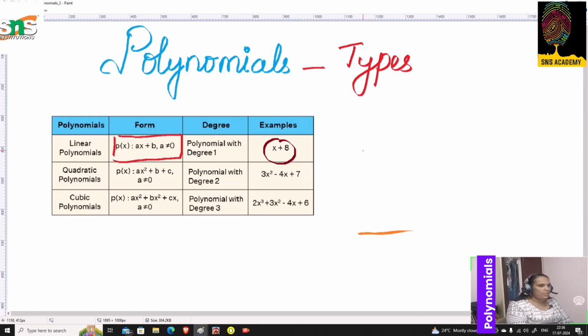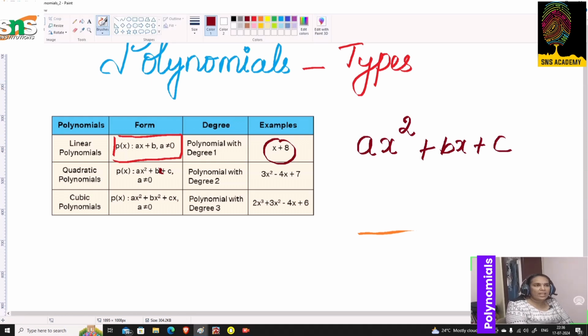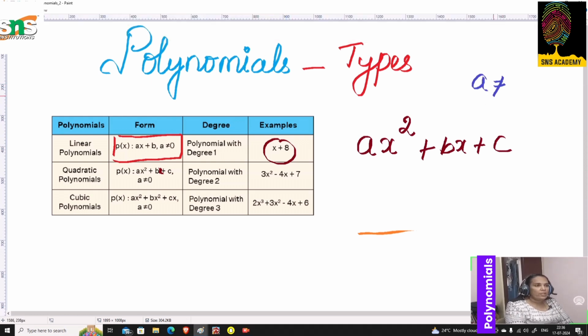The second one is a quadratic polynomial, which is ax square plus bx plus c. Here also they are saying a is not equal to 0, but they didn't mention whether b is equal to 0 or not, because if it is equal to 0 also it's not a problem. Suppose for example, in the place of a, I substituted 5x square, in the place of b, I am substituting 0, and then 7.